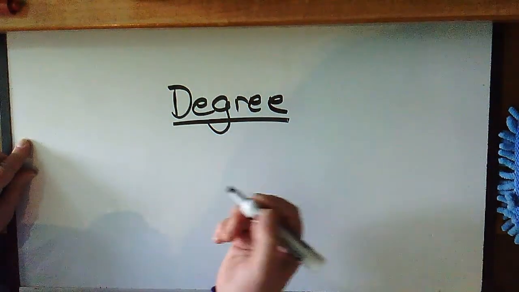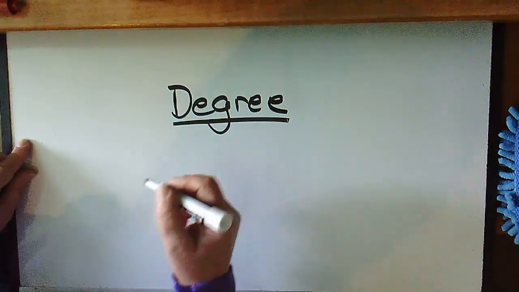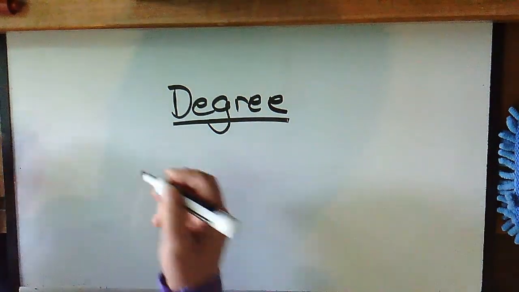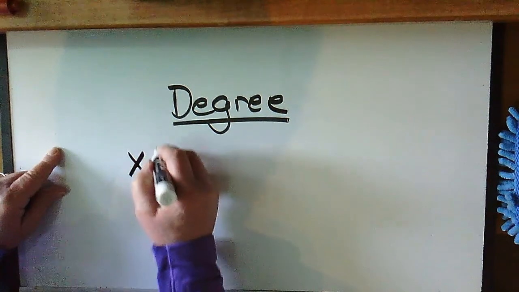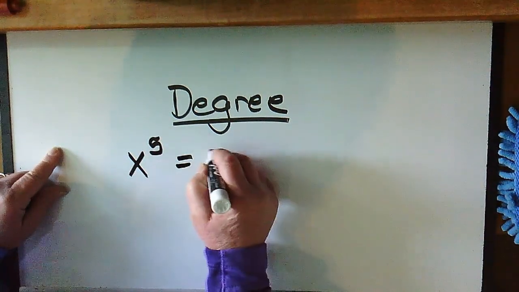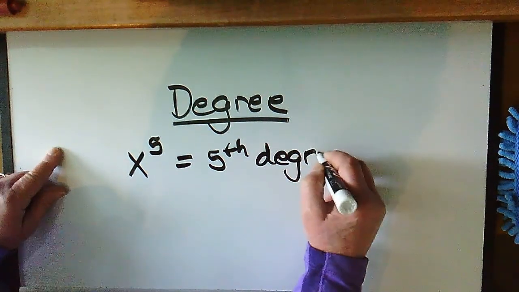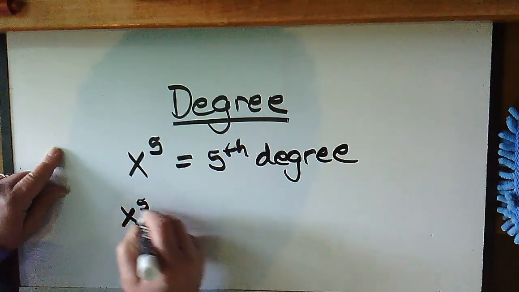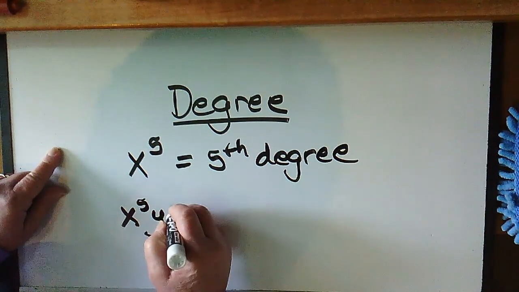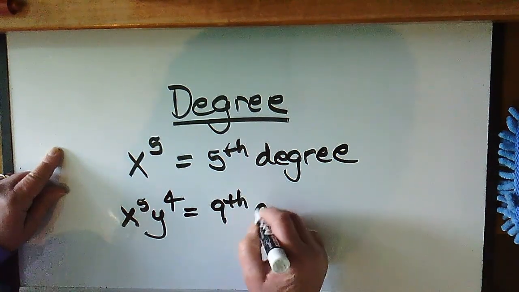In that case, you add the powers up to determine the degree. So what do I mean by that? I mean that whereas this, x to the fifth, is a fifth degree polynomial, if I had x to the fifth, y to the fourth, that's a ninth degree polynomial.